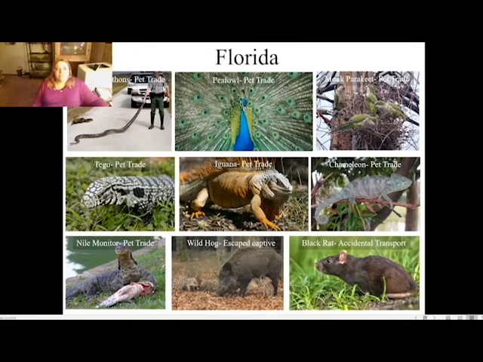So they release them. It's also believed that a hurricane that hit Florida destroyed a reptile breeding facility, and that added to the invasive reptiles in the area and supplemented their populations. So they have been supplemented in other ways. But these Burmese pythons are predators on mammals and birds, especially in the Everglades.